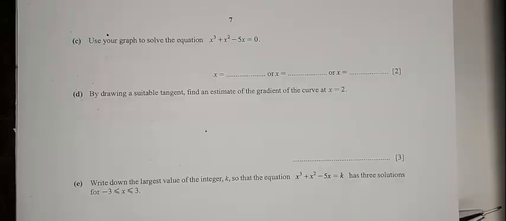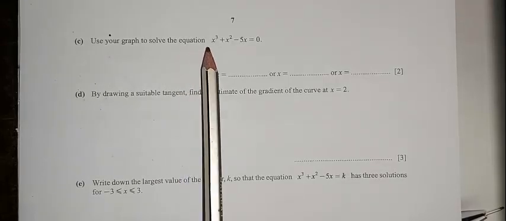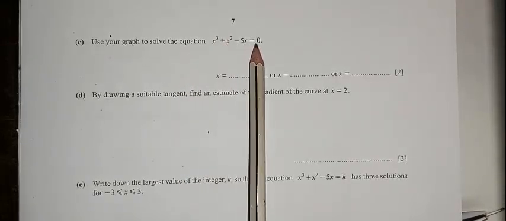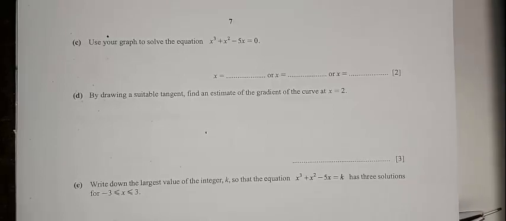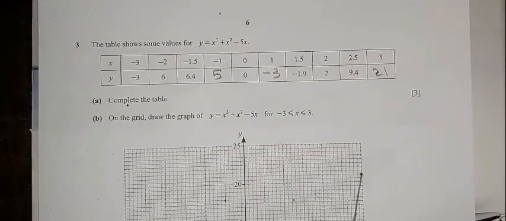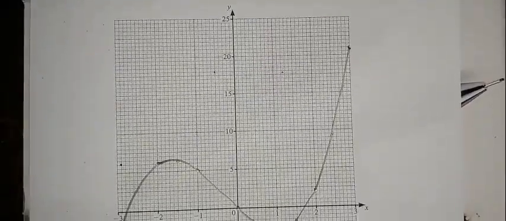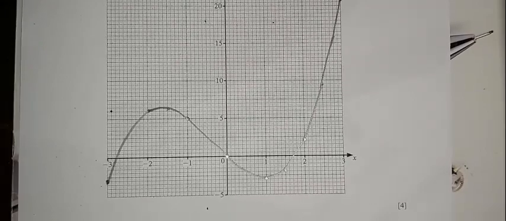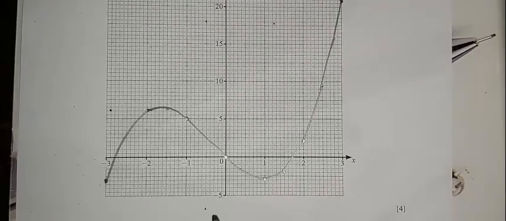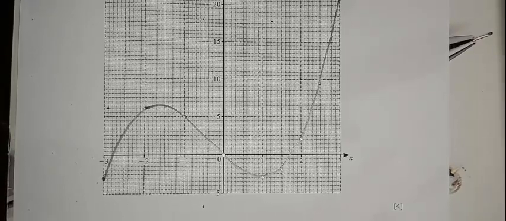Okay, in part C, use your graph to solve the equation x cubed plus x squared minus 5x equals 0. Equals 0 means that we need to look for the points intersecting with the x-axis.